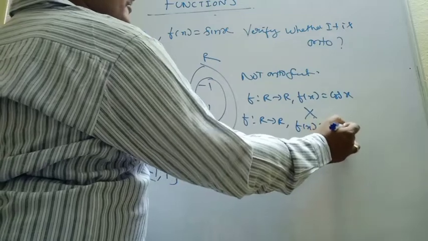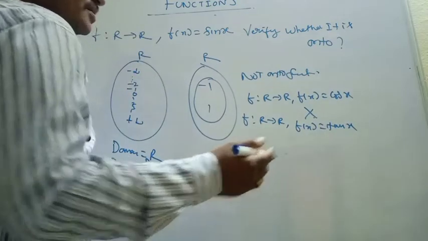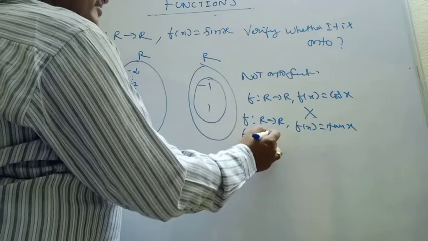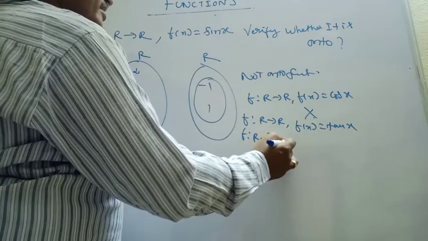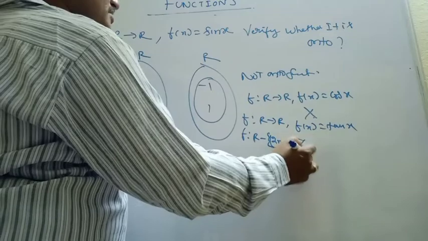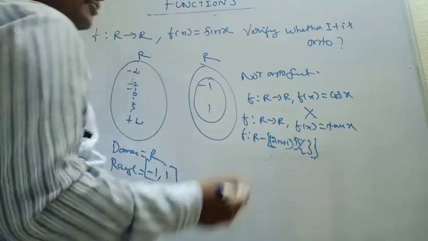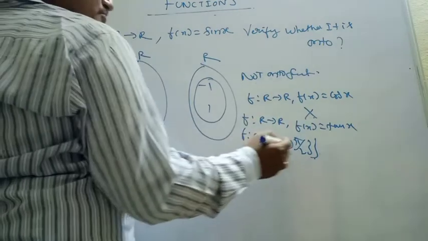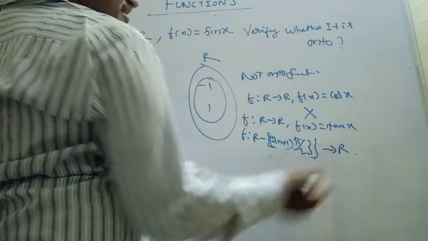When you take tan x, the function is not defined at (2n plus 1) times pi by 2, so you have to take these out of the domain. The range is real numbers, of course.